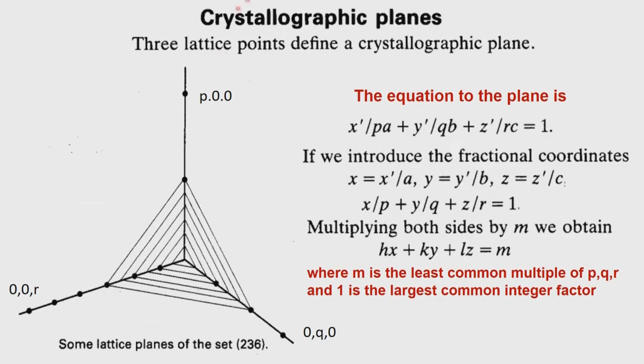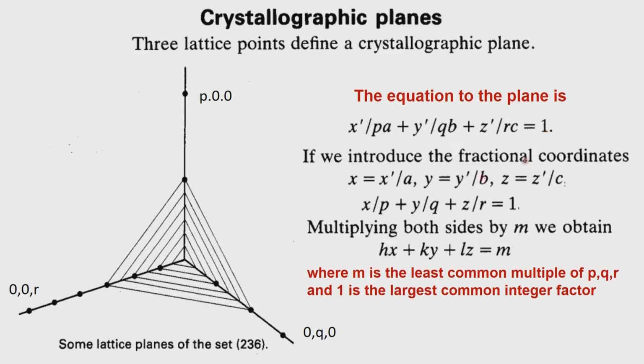Because of the periodicity, we have the unit cells A, B, C representing the entire unit cell, and then x prime by P, y prime by Q and z prime by R represent the fractional units along those 3 directions, and therefore, this will be the equation to the plane, and that we equate to 1.